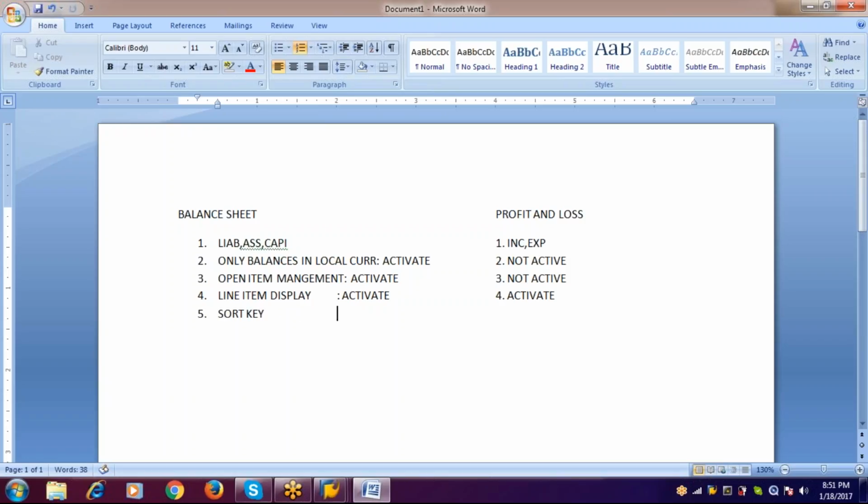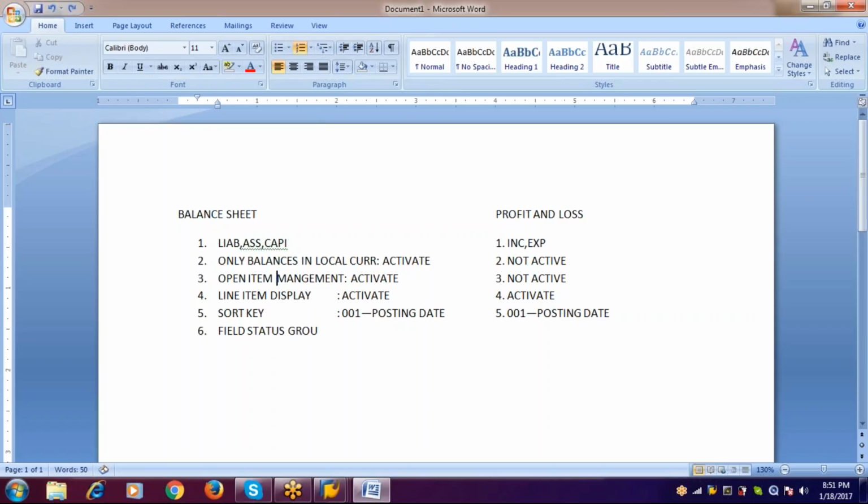That means whatever transactions happen under that ledger should be shown in the report by the sort key 001, that is, posting date. And at last, the field status group.